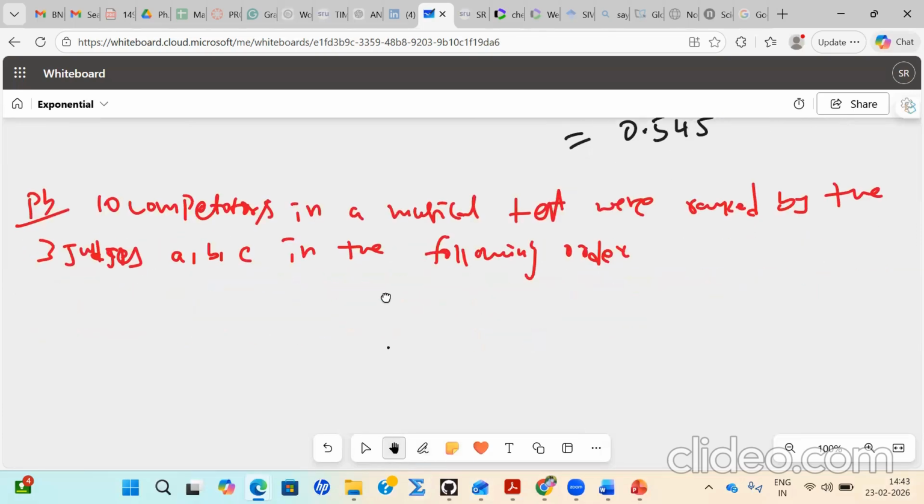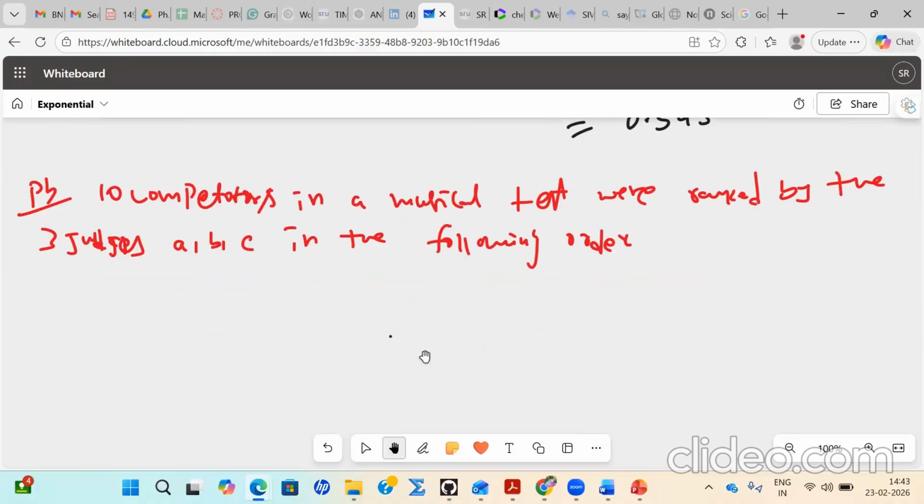So here instead of marks, they have given you ranks directly. It is easy for you. No need to assign ranks now.